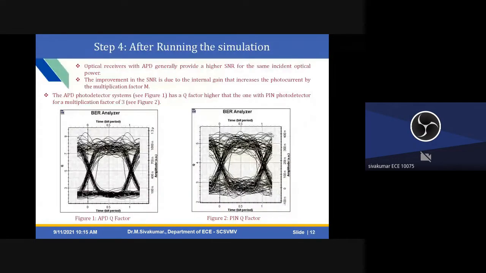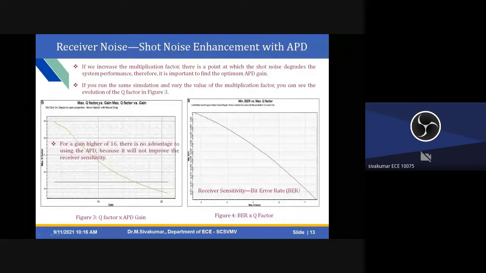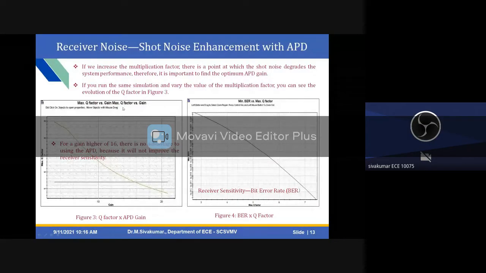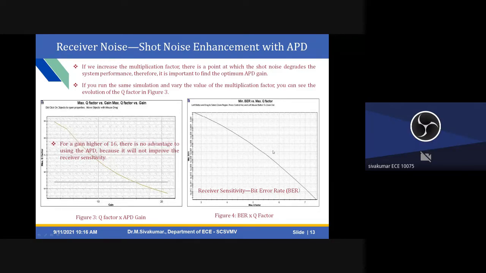Here script section is also available, and graph section also there. Based on the graph section, you can select maximum Q factor. The figure shows Q factor versus avalanche photodetector gain. Here the receiver sensitivity, bit error rate versus your Q factor. In this manner, you try to get the graph.